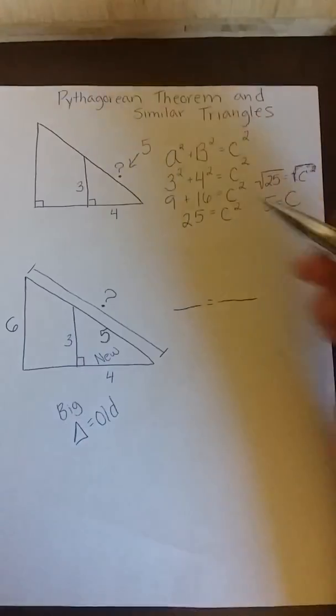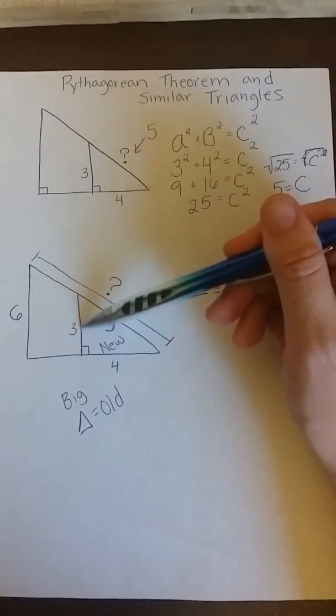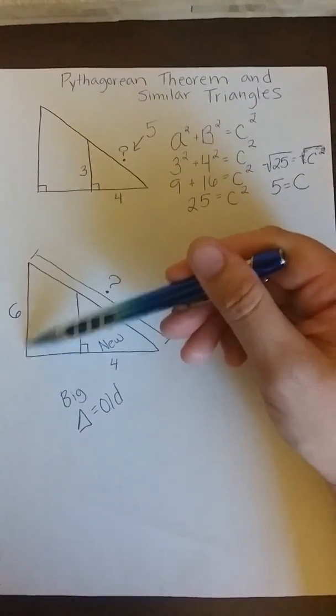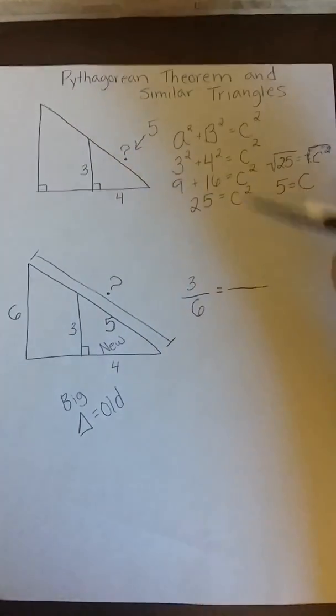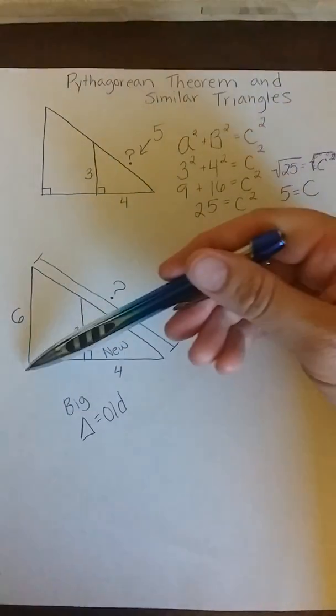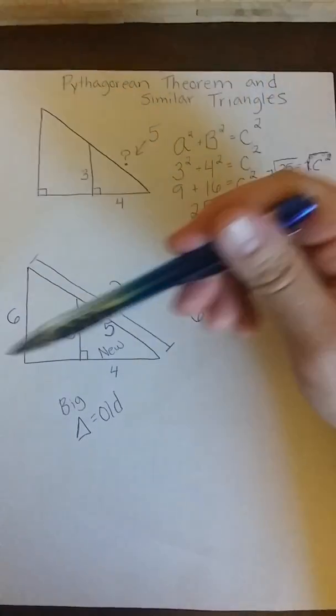It's important that you match up the correct sides. So, new, this 3, this up and down side, would match up with 6, this up and down side on the old. So I can do 3 over 6. Now, do I use 5 or do I use 4? I would use 4 if I was trying to find this whole side, because that's the side that would match up with 4.